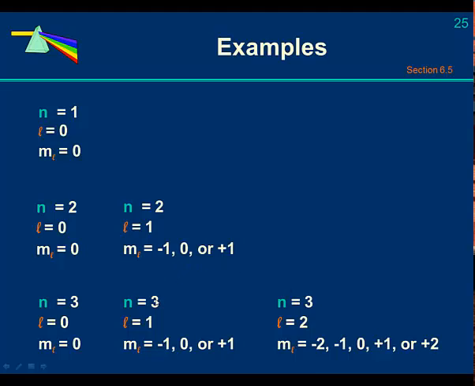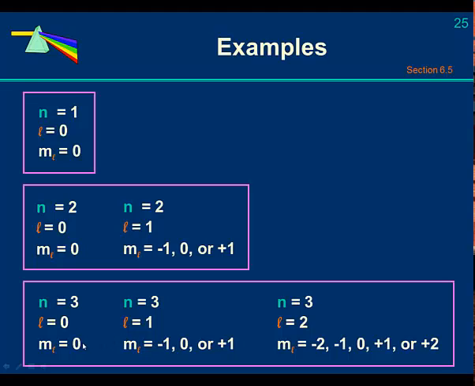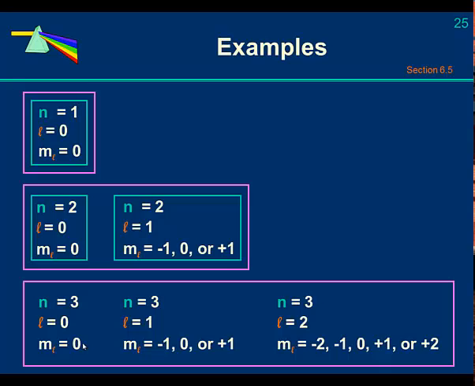For n equals 3 and l equals 1, I can have m sub l values of -1, 0, and +1. This is an entirely different subshell, but can you see that all of these orbitals are in the same electron shell? They are simply in different subshells.